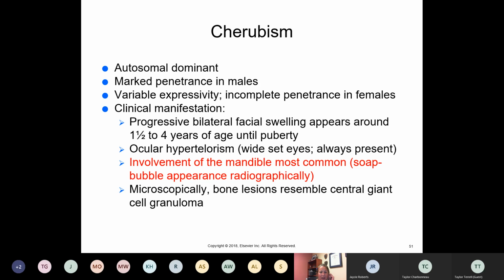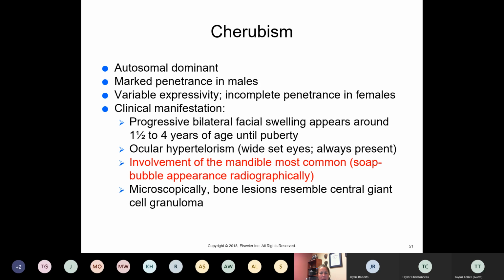He's got kind of a full face, and that's why this condition got the name. It is an autosomal dominant condition, and we see it more in males. It has variable expressivity, meaning that some people have this condition, but it's not as severe. It causes a progressive bilateral facial swelling beginning around the age of 1.5 to 4 years old, and it goes until puberty.